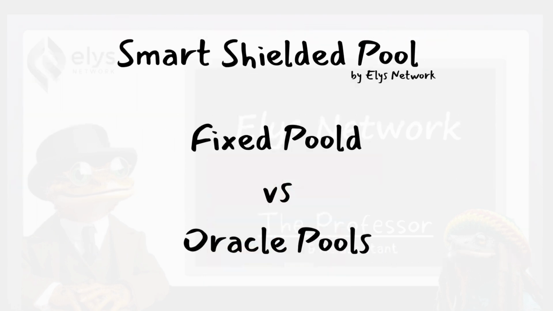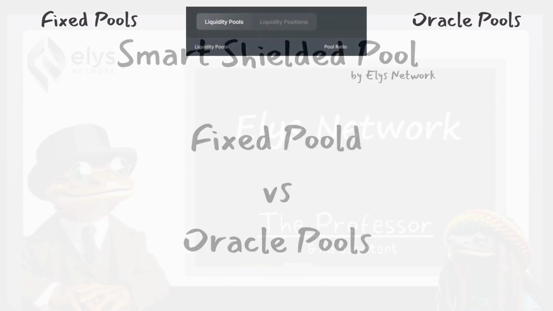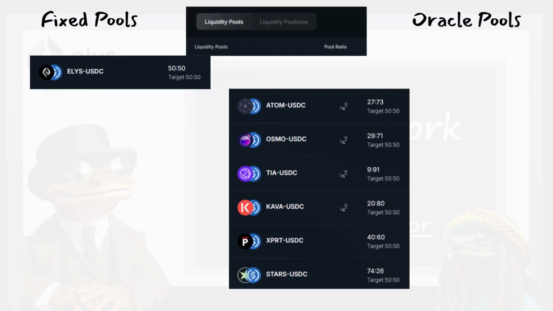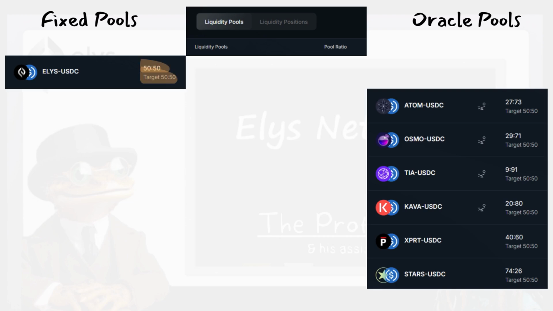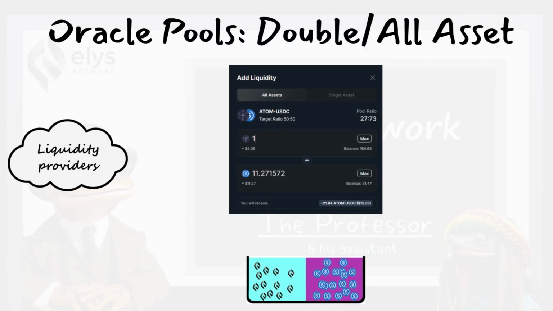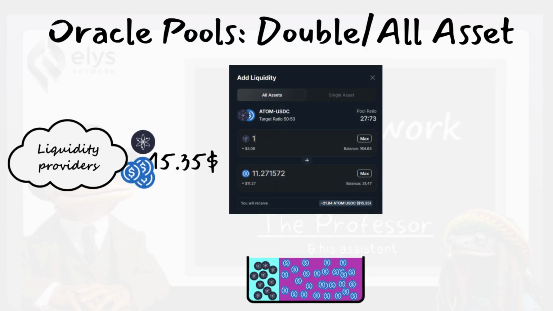Unlike the fixed pools we observed previously, Elys Network's dynamic weighting oracle pools accept a variation in their distribution without losing their stability objective. Let's illustrate this with the Atom USDC pool as an example. Depositing double asset liquidity into an oracle pool is done like a fixed pool, according to its ratio.